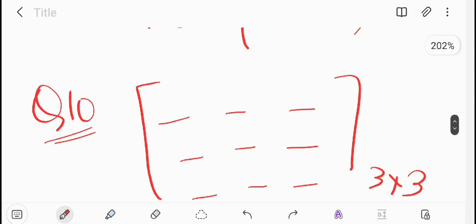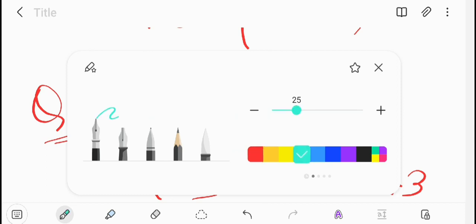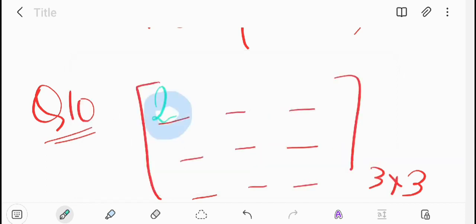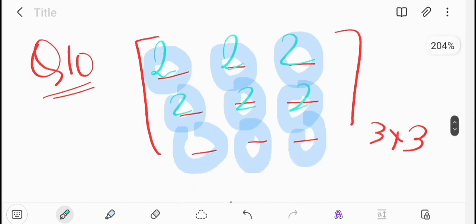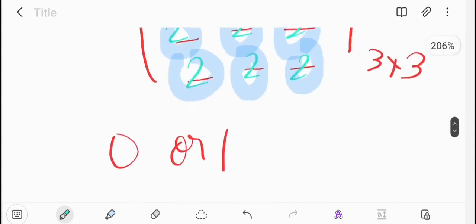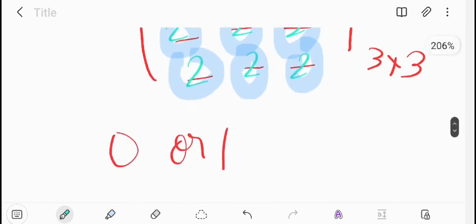Now, at this very position, there are two possibilities. Similarly, at all these positions, there are two possibilities. What are these two possibilities? There can be a 0 or there can be a 1.